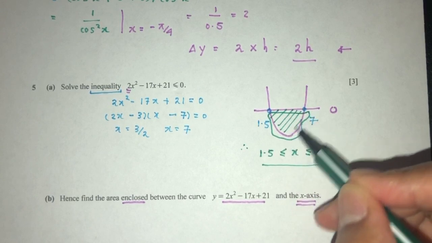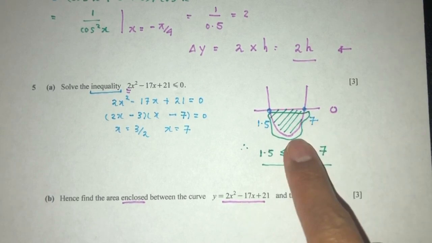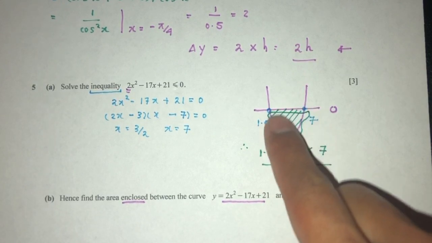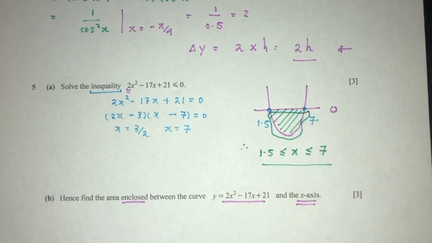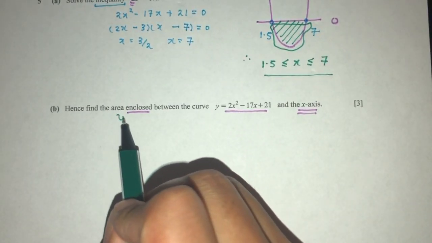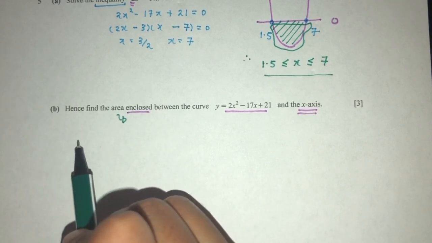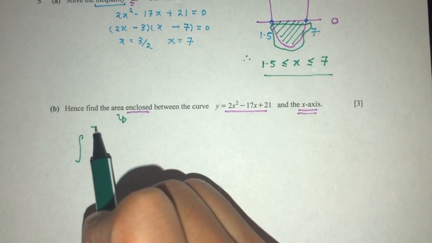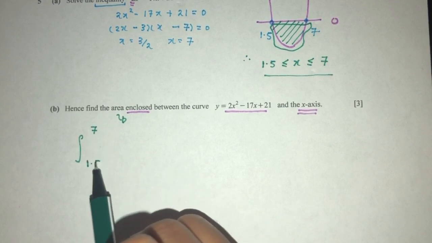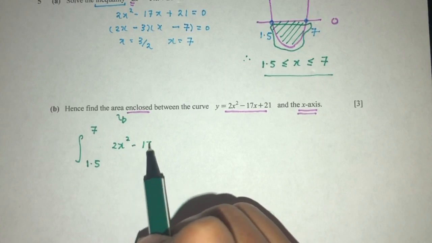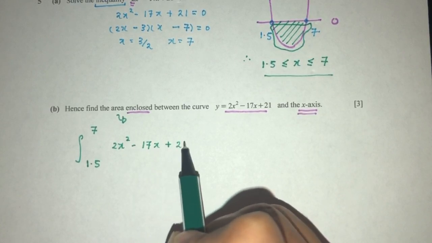This is not the exact shape, obviously, but the idea here is that this will be the enclosed area, and these are the limits we have to find. How do you find the area enclosed or area under the graph? That will be by integration. So the top limit will be 7, and the lower bound will be 1.5, and the equation of the curve is 2x squared minus 17x plus 21.